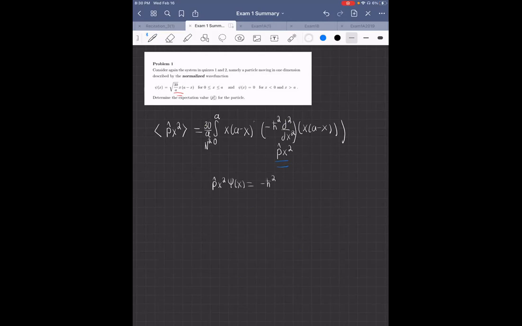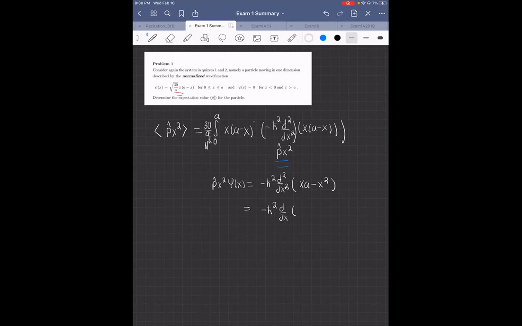H bar squared. And I'll just multiply it inside of it, so I don't have to worry about the product rule. So that's going to be x(a minus x) squared. So this is going to be equal to negative h bar squared, and this is going to be the first derivative.